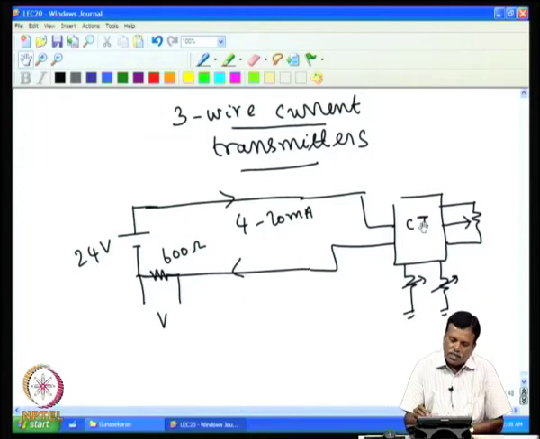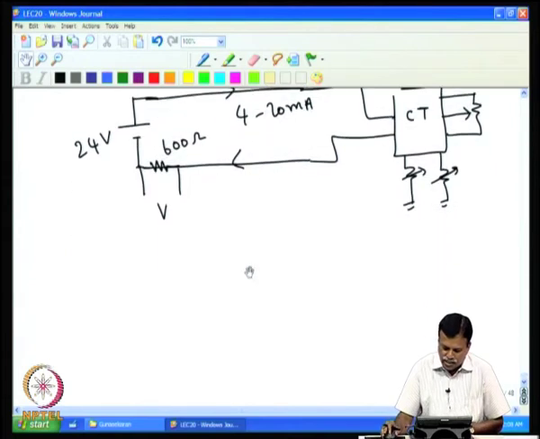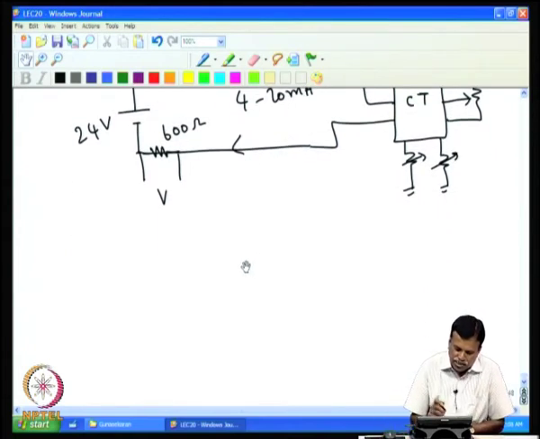But eventually this temperature drift used to contribute some amount of current change here. So, that puts an ultimate accuracy limit for this circuit. To get high accuracy we need to go for a 3-wire system, that is what we are planning to discuss in this lecture. So, the 3-wire system looks like this.